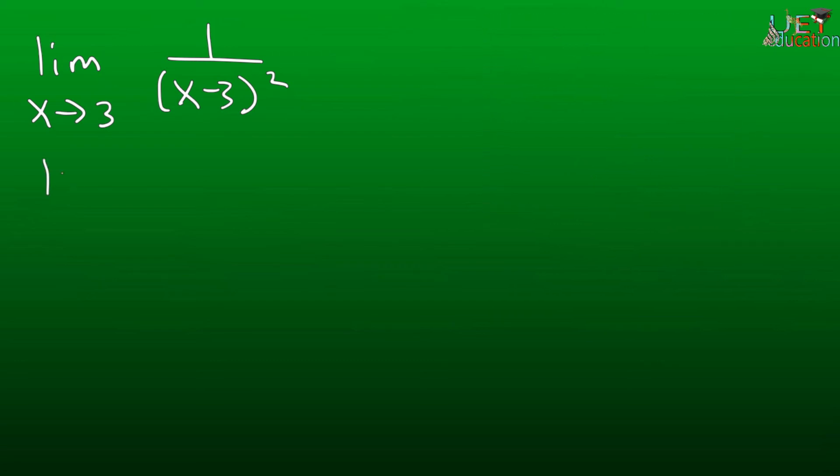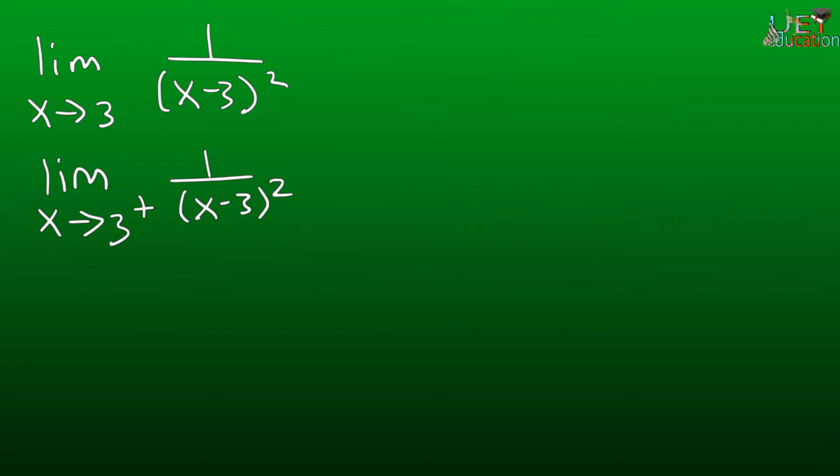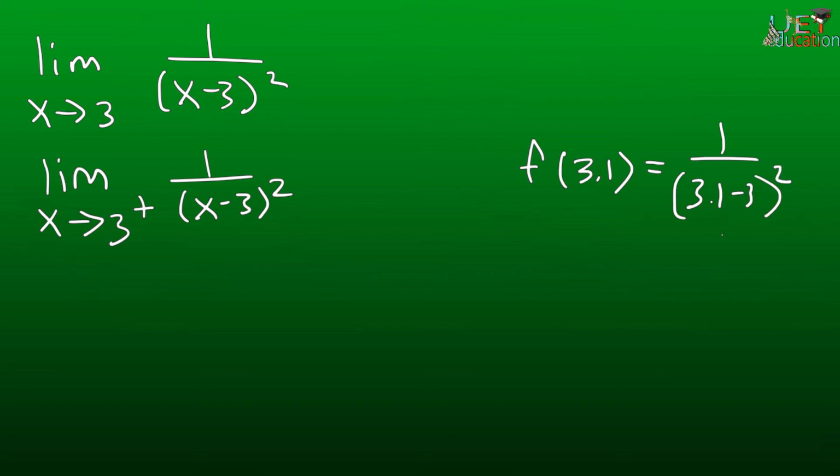So here's a question for you. What is the limit as x approaches 3 from the right side? So if we plugged in 3.1, what will we get? So 1 over 3.1 minus 3 squared. So if you write it like this, it is equal to 100.